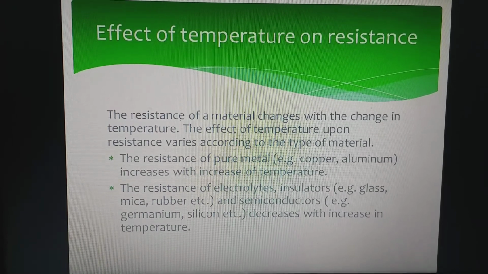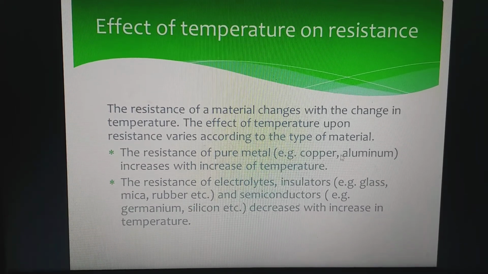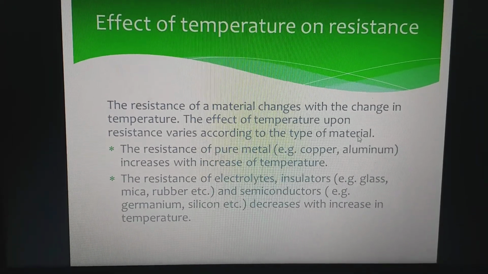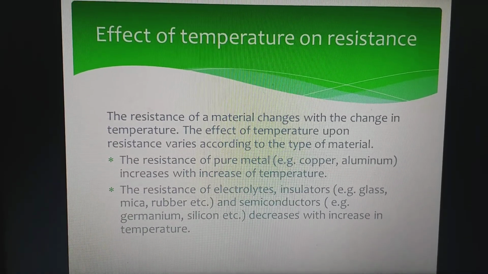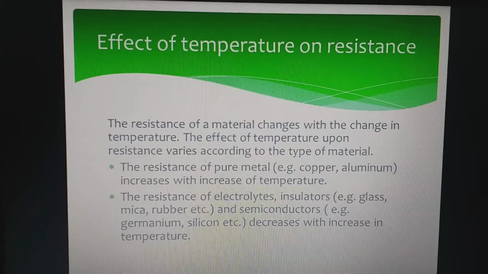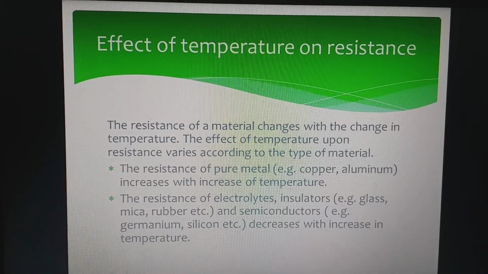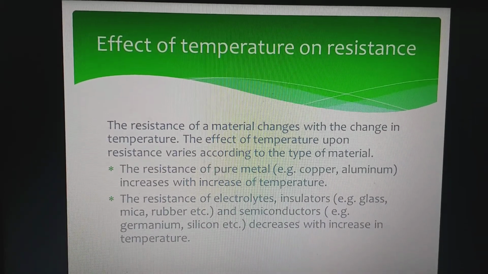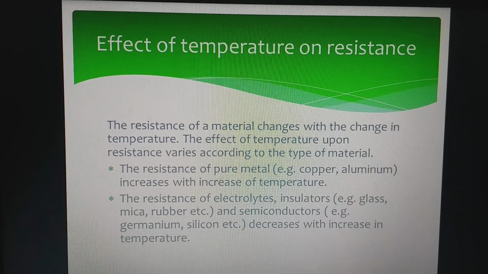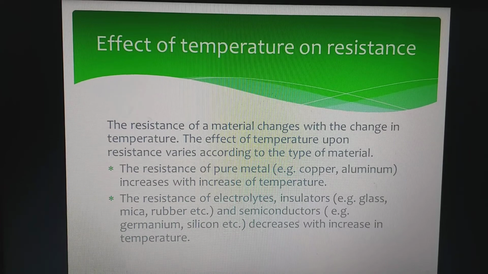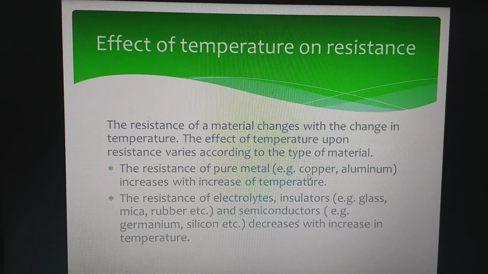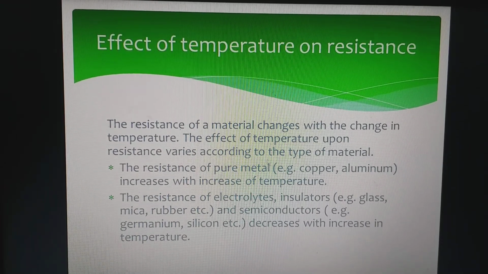The effect of temperature upon resistance varies according to the type of the material, because some materials offer more resistance, some offer less resistance, like conductors. All the conductors offer less resistance. All the insulators offer more resistance. So it is according to the type of the material.